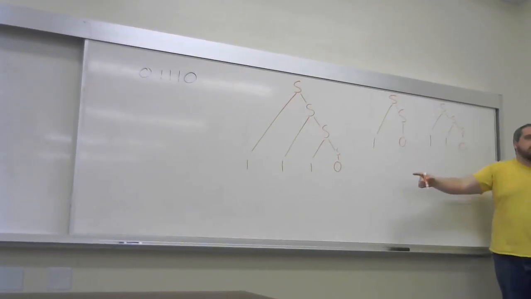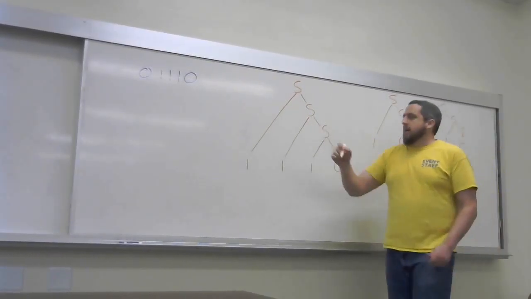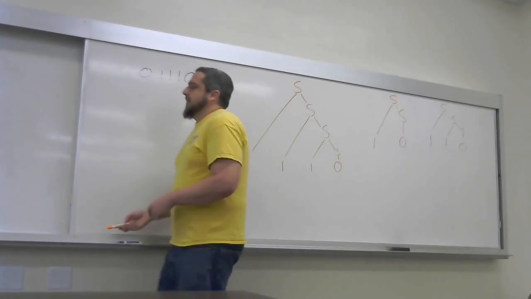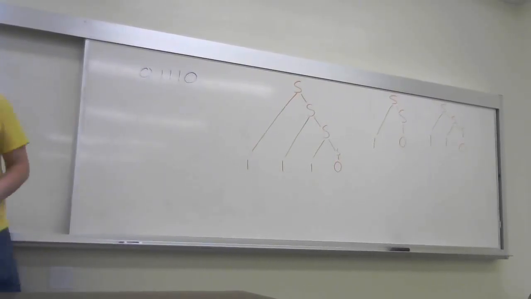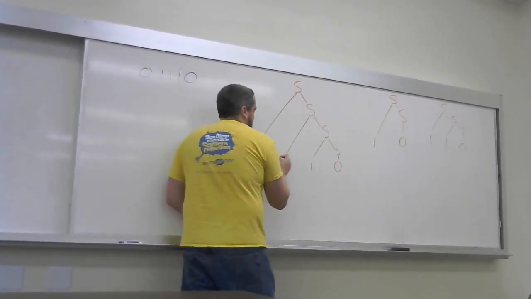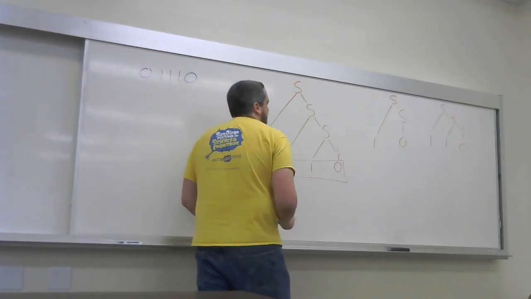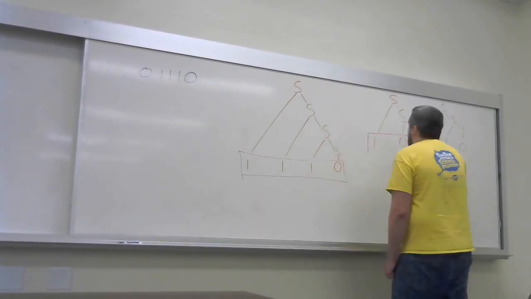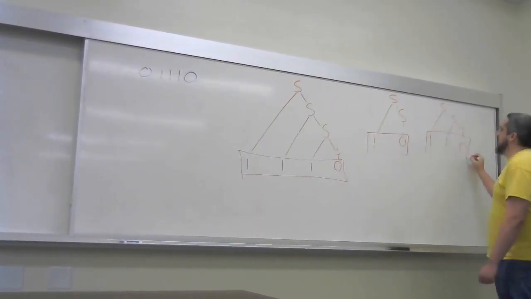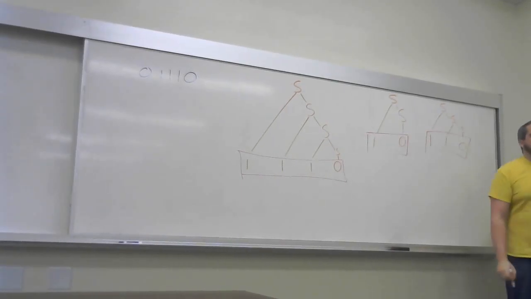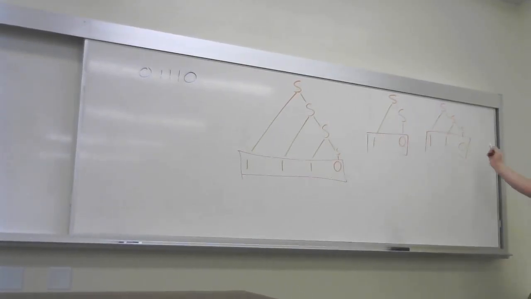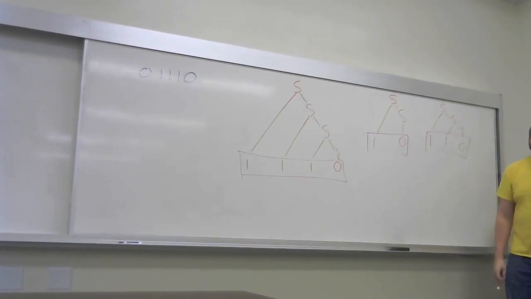Those are all trees from this grammar over here. And we can see that the terminating symbols on the bottom are the sentences. Any questions about this part so far?